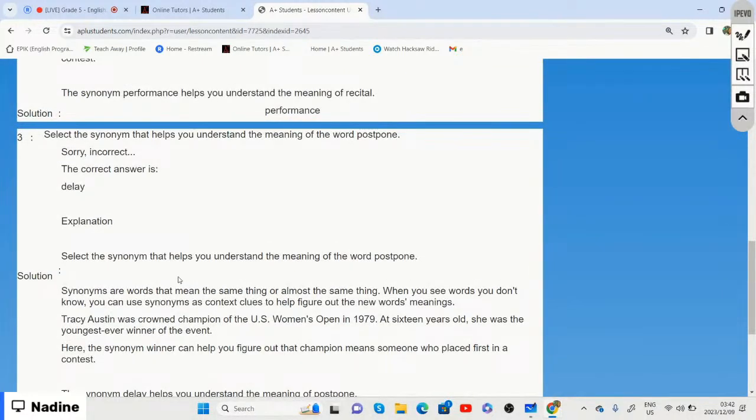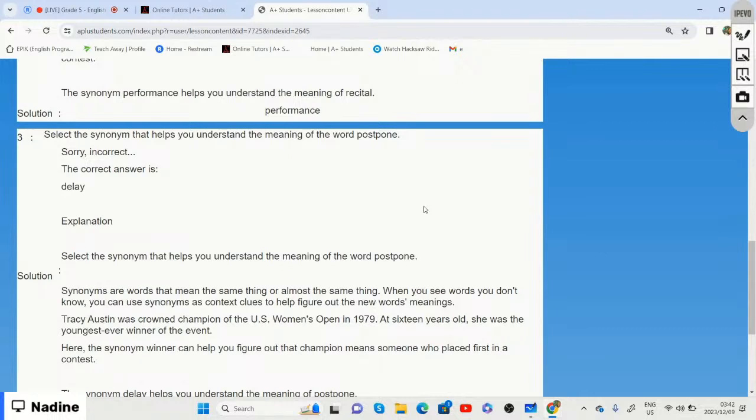And if we look at the word postpone, it says select a synonym that helps you understand the meaning of the word postponed. If you're postponing something, it's like you're making plans and now you need to postpone something. Postpone is basically just prolonging something. It's like saying, I'm going to delay something.